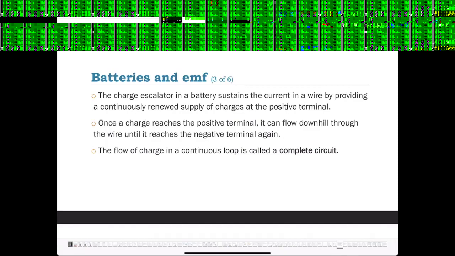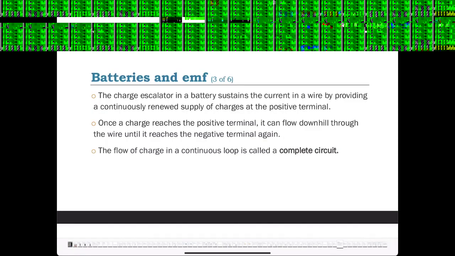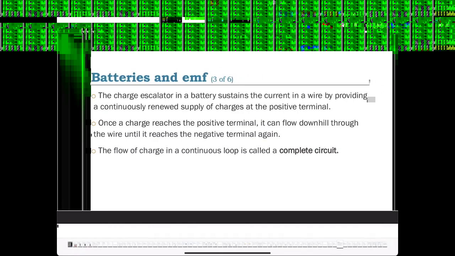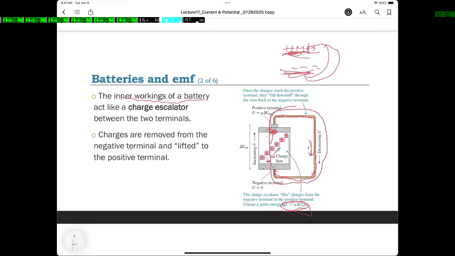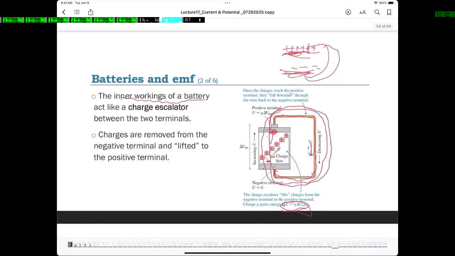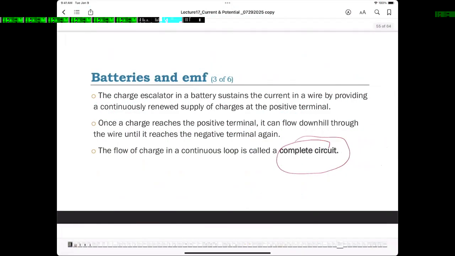The flow of charge in a continuous loop is called a complete circuit. You can see the charge goes from this one to this one to this one, and then continuously. There is a loop, and this loop is called the complete circuit.